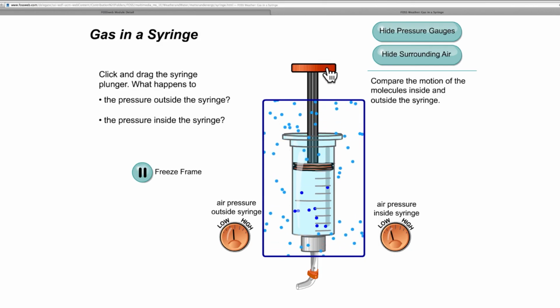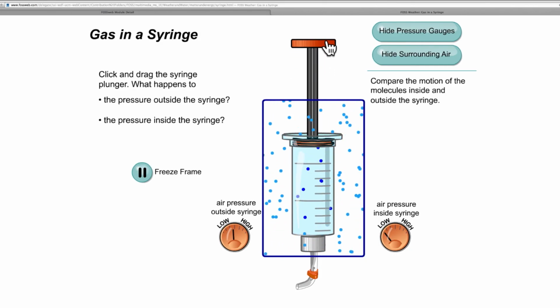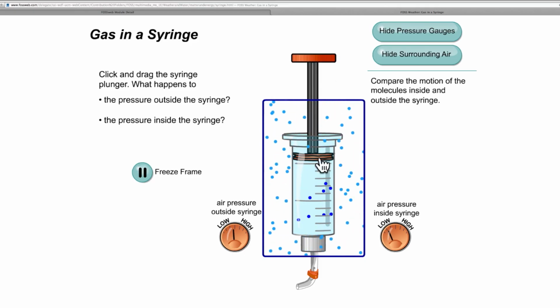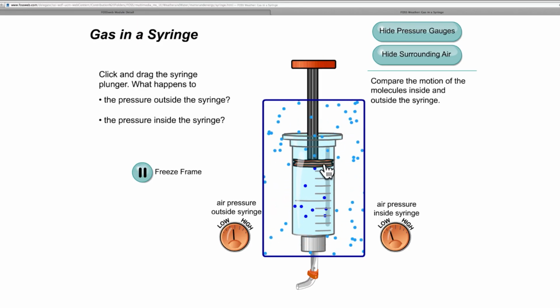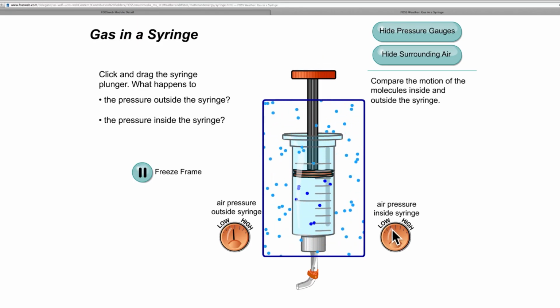When this is pulled open, the pressure on the inside weakens and the air outside is still just as strong as it was. If you see the gauge on the left, it hasn't changed, but the one on the right has dropped. So when I let this go, the air particles on the outside are stronger than the inside and are able to push this plunger back closed, until there's a balance or an equilibrium reached.